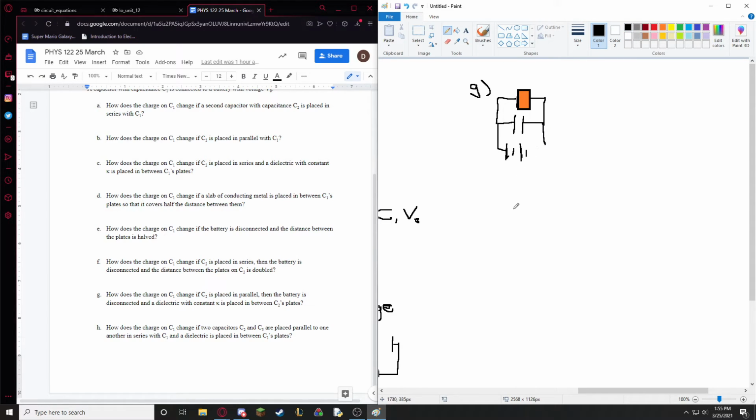And then we know that we've gone ahead and disconnected the battery after connecting C2 before we put the dielectric. Let's take 5 minutes, then we'll talk about it. And if my wording there was not clear, because I'm pretty sure it wasn't, feel free to ask a question.